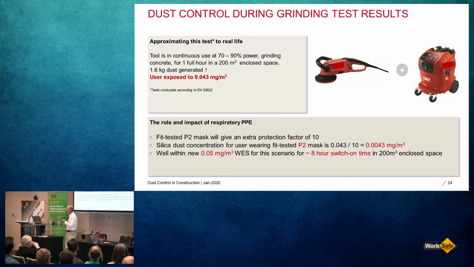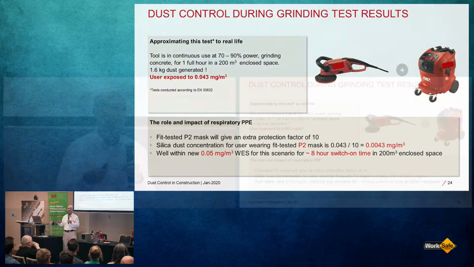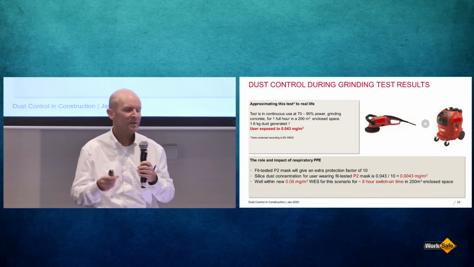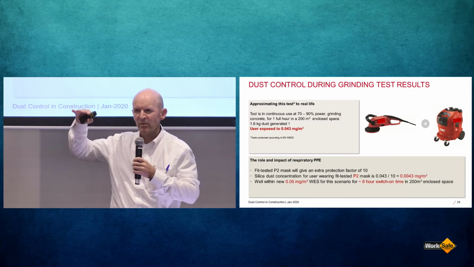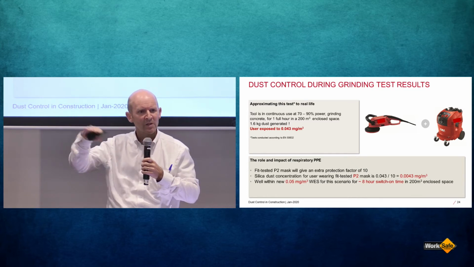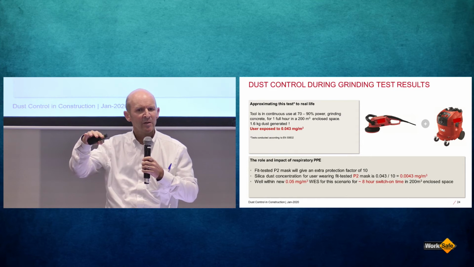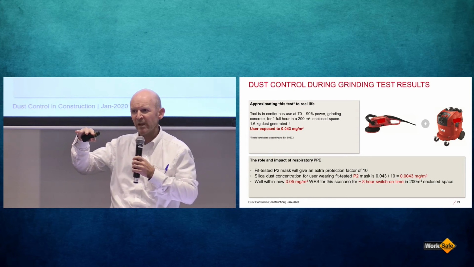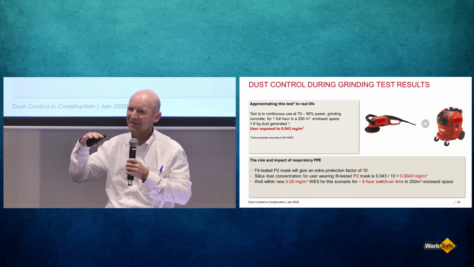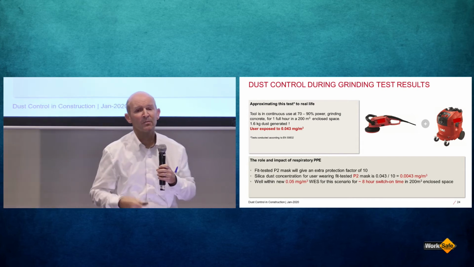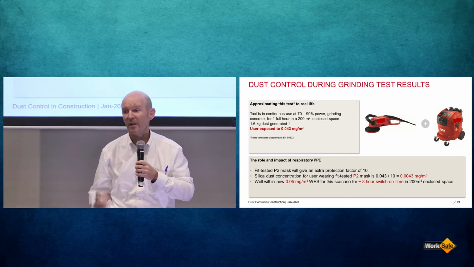It results in a silica dust concentration of 0.04 milligrams per cubic meter, which is underneath the new exposure standard that's been looked at. But still, if you want to be completely sure working over a full day, it really means that the worker needs to be utilizing a face mask at the same time to bring them well underneath any actionable level.